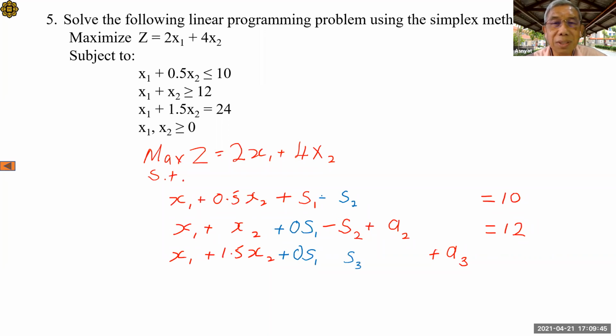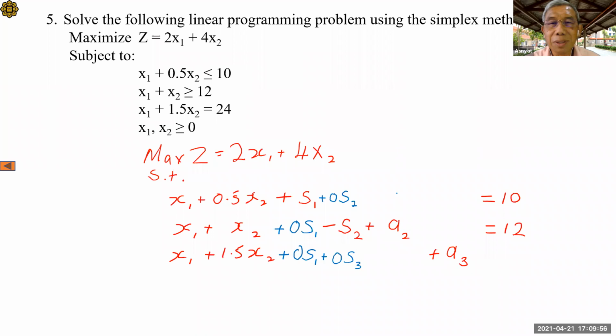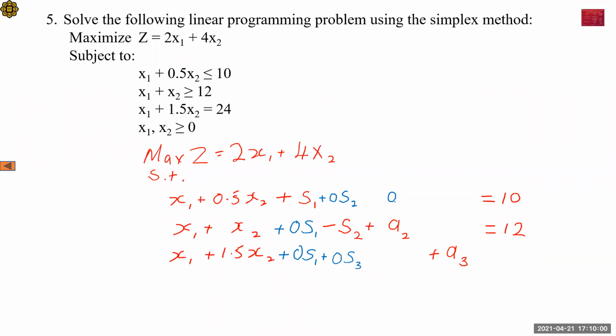So plus. What coefficient? 0. Any question? It is okay if you don't put the blue one, but for the purpose of the class, I want to do this so that you can see systematically.